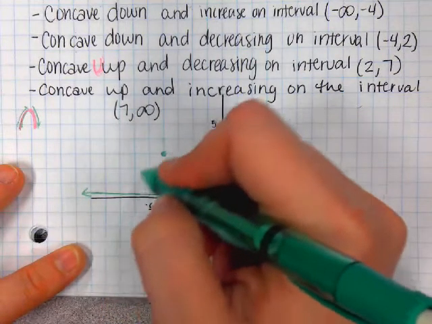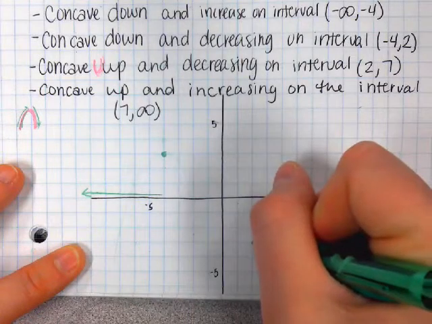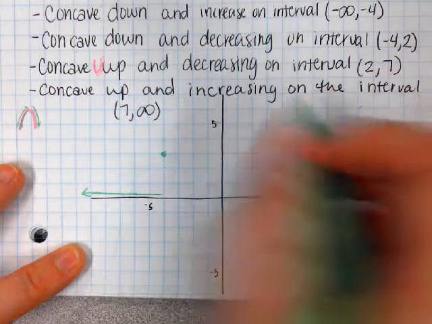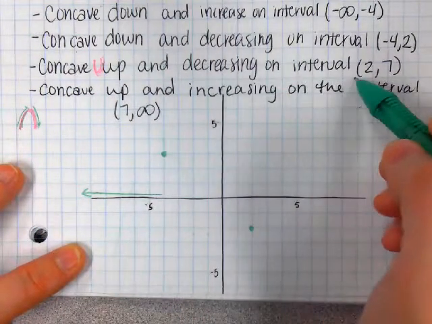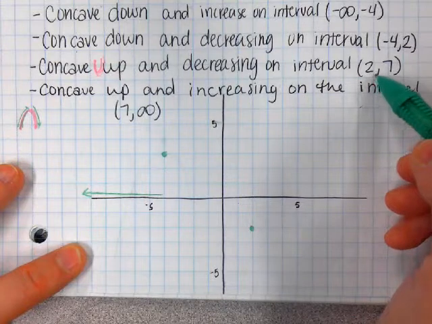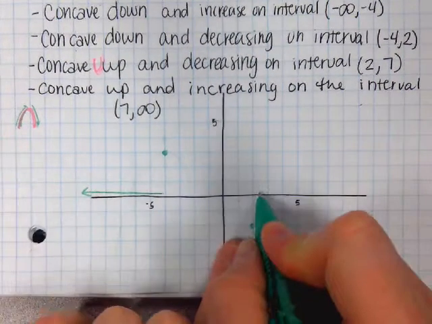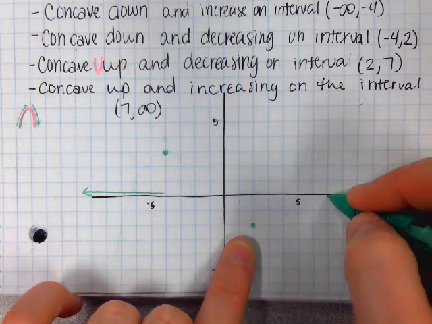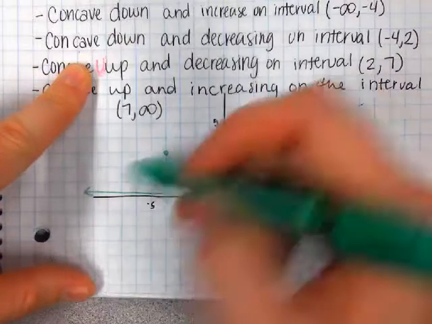So it's going to have this form to 2. So let's do 2, -2. And then it says concave up and decreasing on the interval 2 to 7, so 7 is right here, and it needs to be concave up, decreasing.